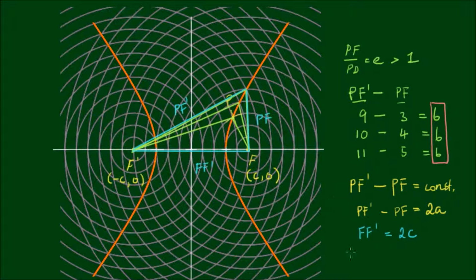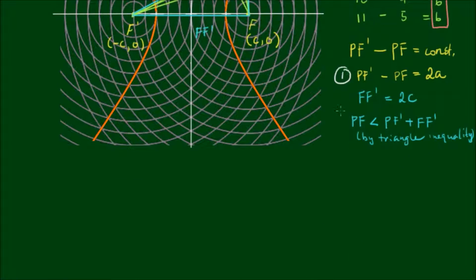So if we take the side length PF, the length of one side of the triangle is less than the sum of the two other sides of the triangle. So this is by the triangle inequality.